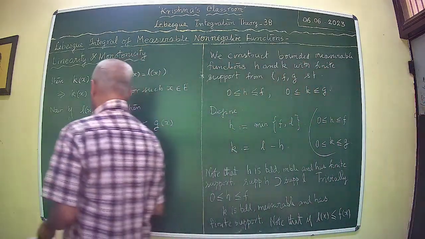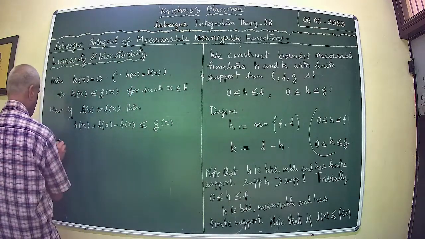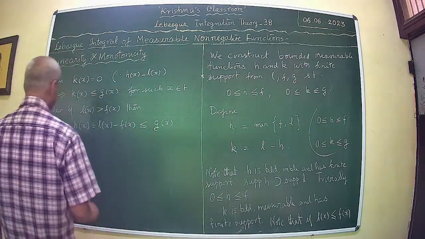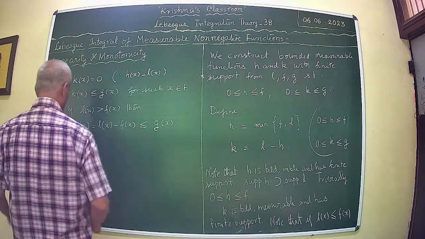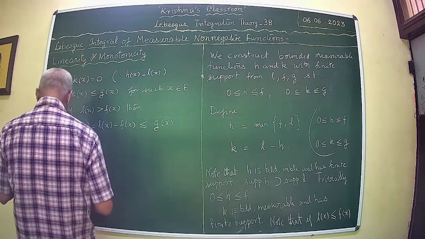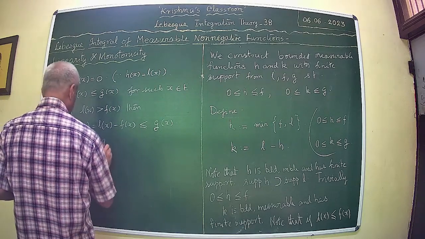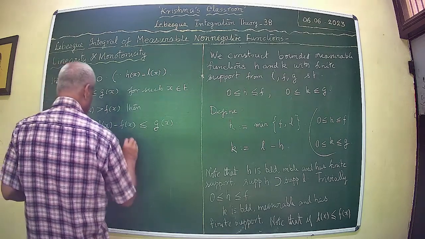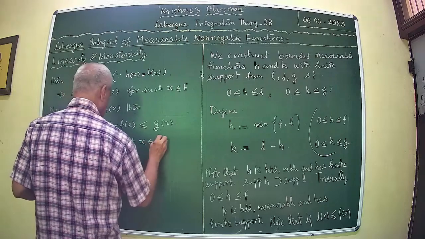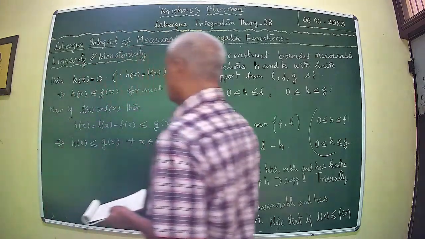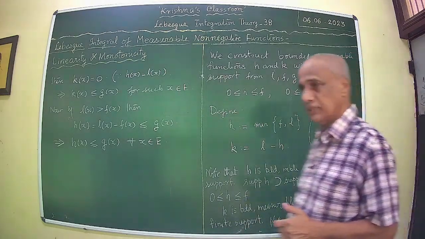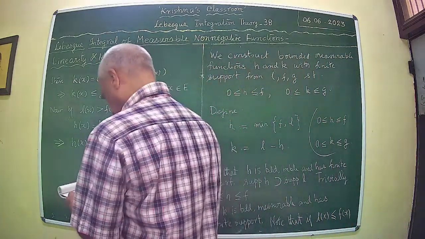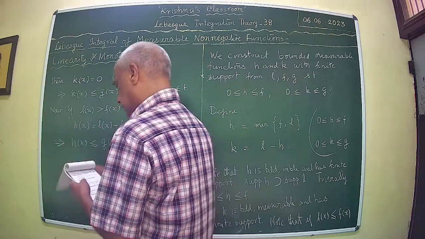Then it implies k of x is less than or equal to g of x, so that is something that it's a supporting function for g.